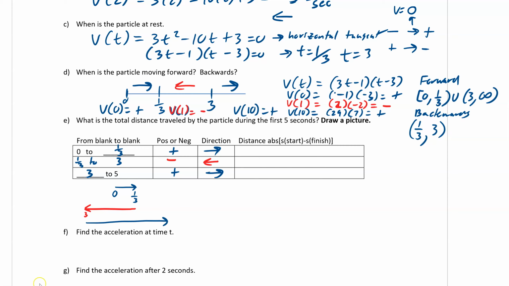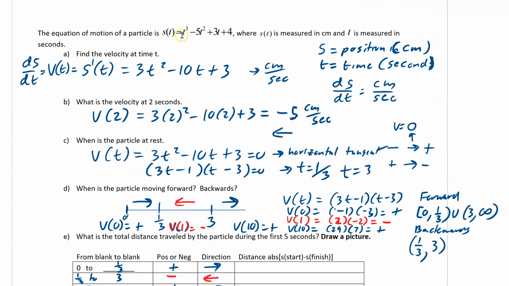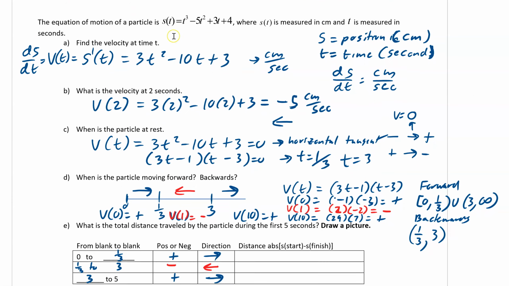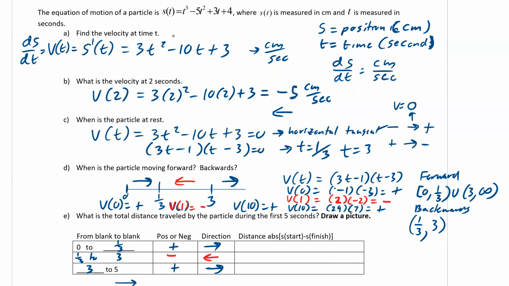And so what we want to do is find out what was that distance, what was that distance, and what was that distance. So if we use 0 and 1/3 and plug it into our position function, it'll tell us where we're located. So what we're going to find is s of 0 minus s of 1/3. And it doesn't matter the order here.